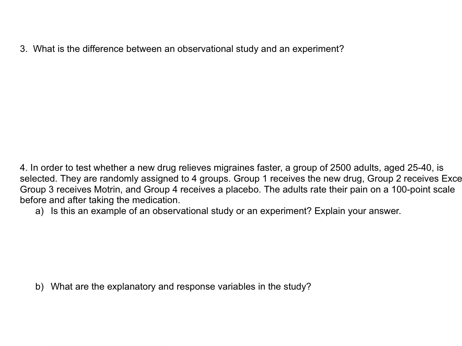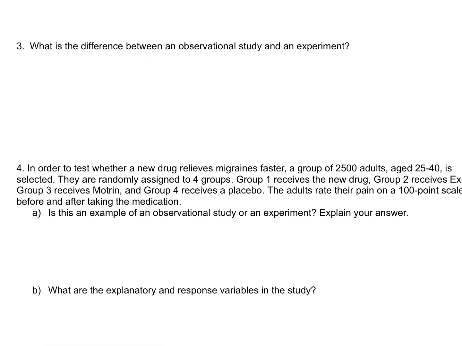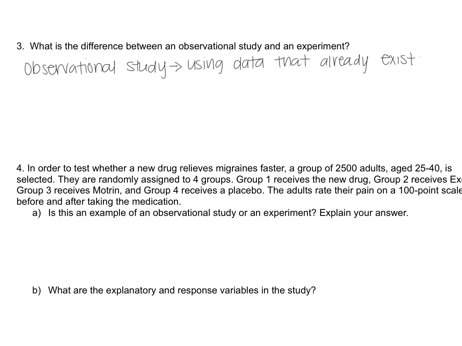Next thing we're going to take a look at is observational studies and experiments. So knowing the difference between an observational study and experiment. So for an observational study, you are either using data that already exists or you are asking people to report on their behavior without changing anything.